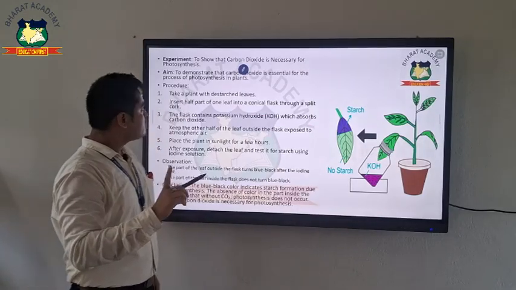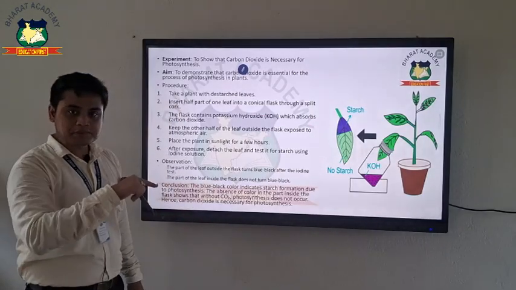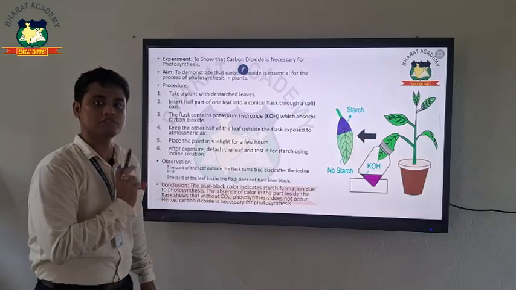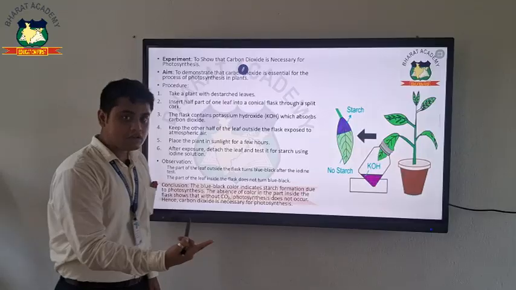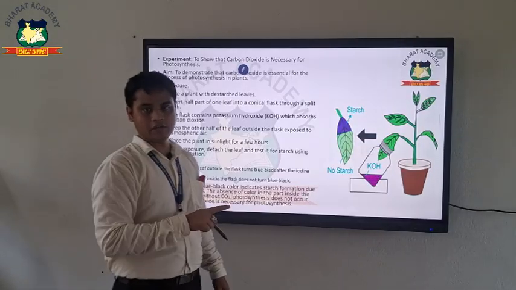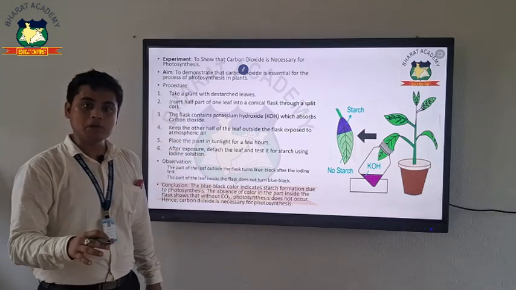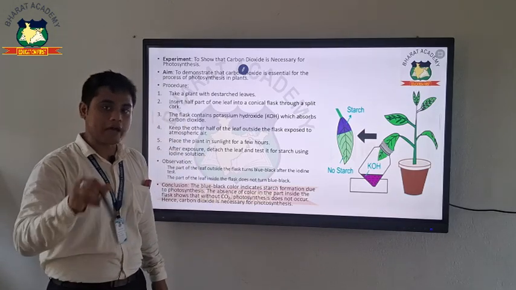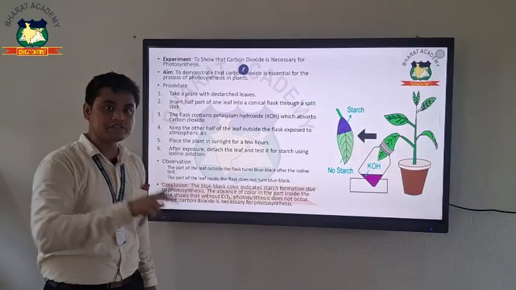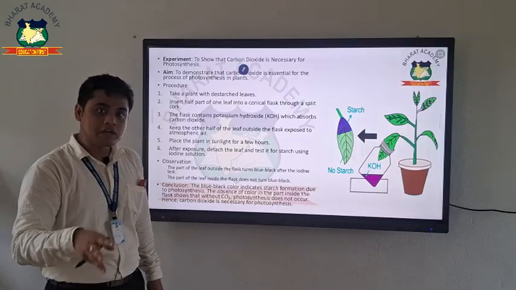Now the second experiment. In the first experiment we discussed the role of chlorophyll in photosynthesis. The second vital factor is carbon dioxide. How is carbon dioxide involved in the photosynthesis process? I have already discussed that 3 factors play a vital role: first one is carbon dioxide, second one is sunlight, third one is chlorophyll.